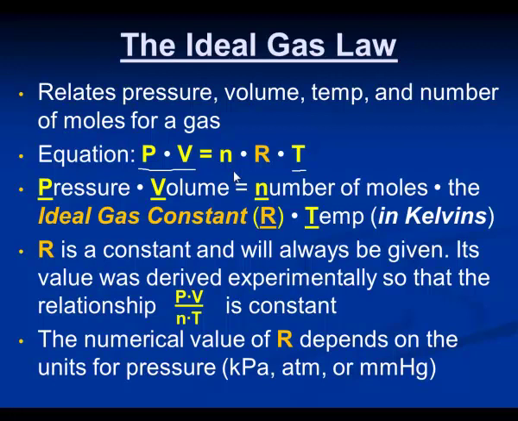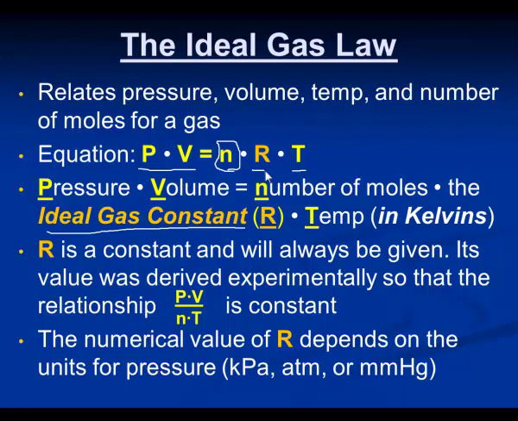And now we have moles plugged in here because, like temperature, moles, which is n, number of moles in the equation, would also be directly related to the pressure or the volume. If you have more gas in the sample, that would increase the pressure. Or if you had more gas in a sample, more molecules, and the pressure was constant, then the volume would increase. And then we have a new character in here, the ideal gas constant.